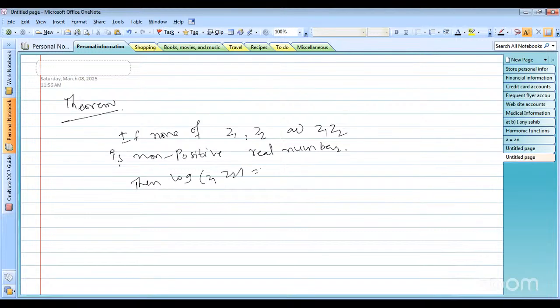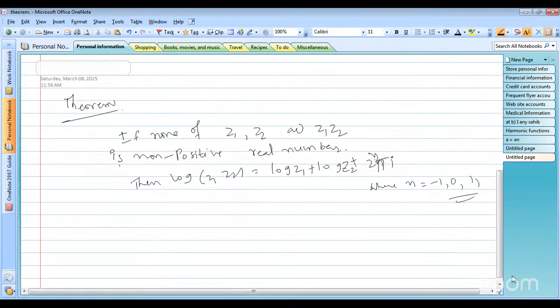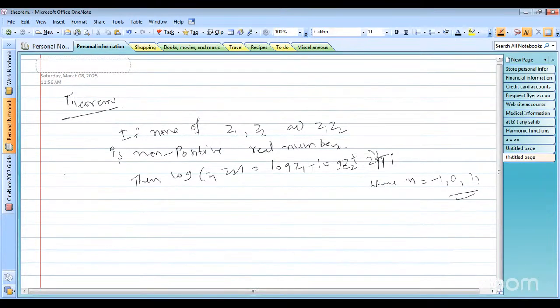In the multiplication process we can write log Z1 plus log Z2 plus 2n pi i, where n is equal to -1, 0, 1. So this is a fundamental statement here. Now I am taking the proof here.